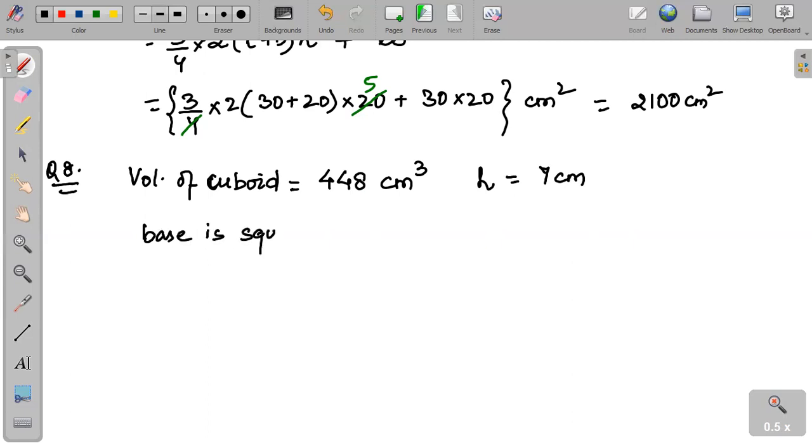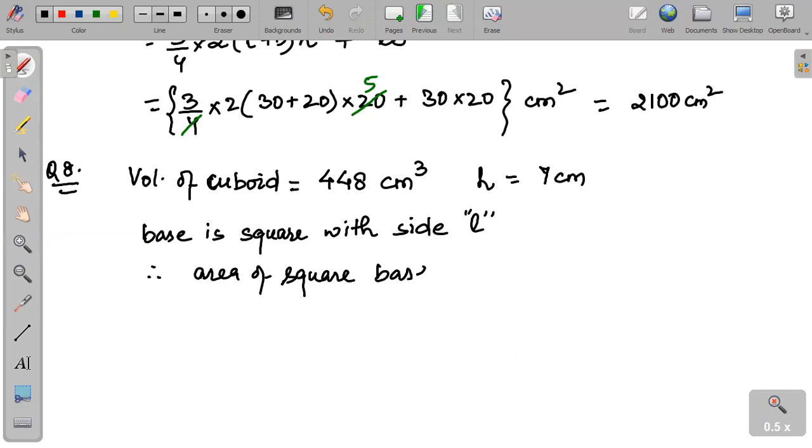Okay. Base is square with side L. Therefore, area of a square base is equal to L square.